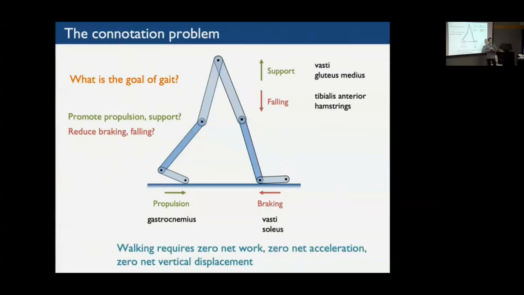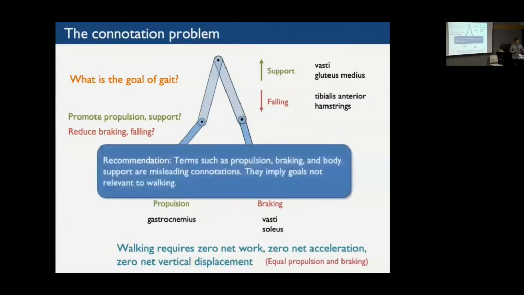It's true, if you're starting from still and then you start walking, there is a period of time when you want positive forward acceleration of the body. But once you're steadily walking, you no longer have a goal of propulsion, or at least not net propulsion. So you want equal propulsion and braking, and so you might be careful about connotations.